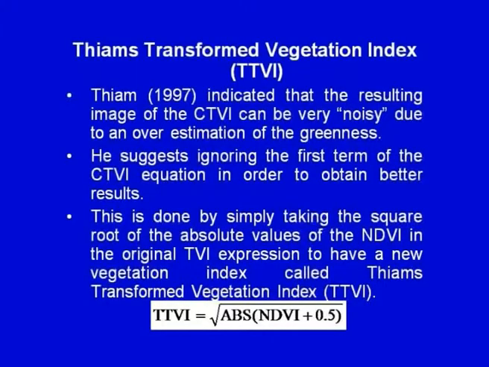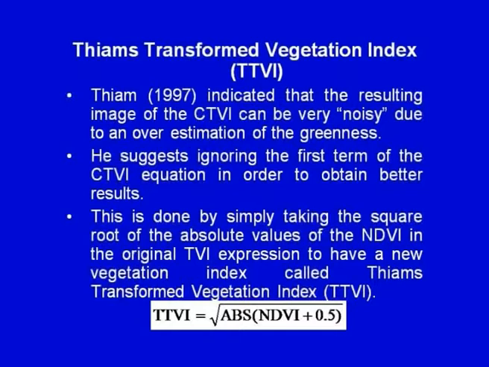The next index is what we call the Thiam's transformed vegetation index, or in short TTVI. Thiam in 1997 indicated that the resulting images of CTVI are very noisy due to an overestimation of the greenness.